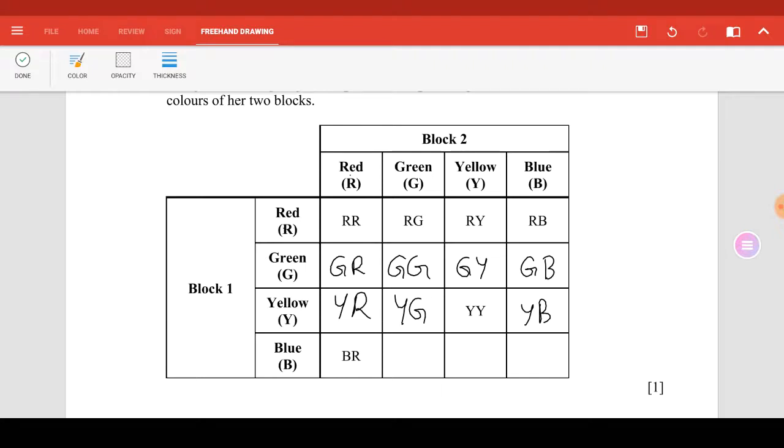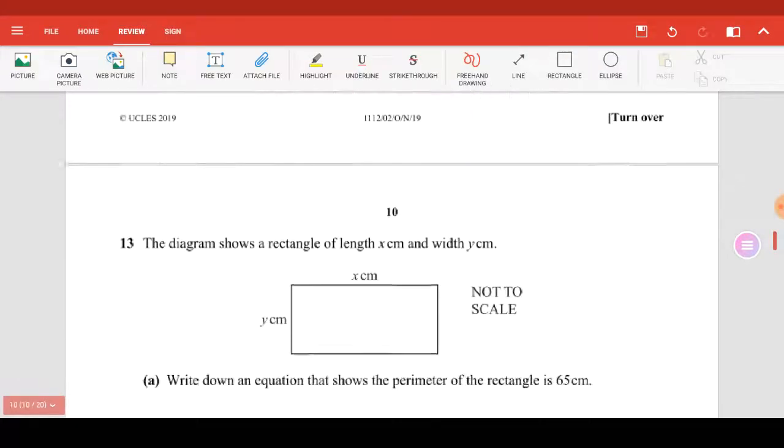The last one, blue, red, blue, green, blue with yellow, blue with blue. The idea is that she picks two blocks, so the first one could be red or green or yellow or blue, and each time when you take the red one, the second one could be red also, could be green, could be yellow, could be blue. So as you see, he did this as a guide for you.